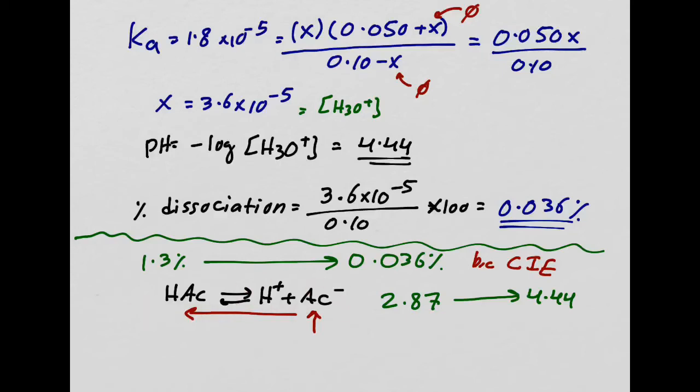I have less product now. I have less H+, and H+ is what makes something acidic. So now my pH is going to be more basic, and that's what I expected. So this is the common ion effect. Okay. Nice job. We'll do more practice problems on this later. Common ion effect.